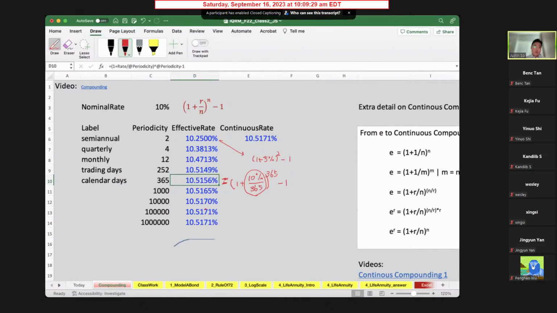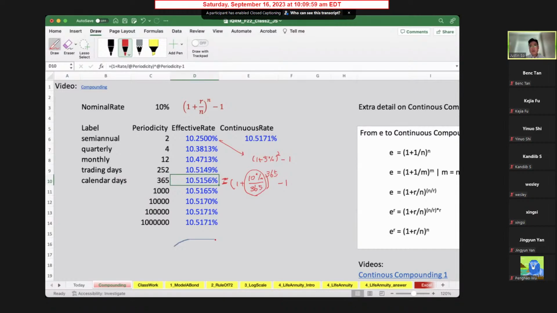But you also observe that as we increase the compounding frequency to 10,000, 100,000, a million times, the effective rate percentage converges to a certain number. Not exactly the same, but if you graph that below, the effective rate increases, but it converges, it reaches a certain level.